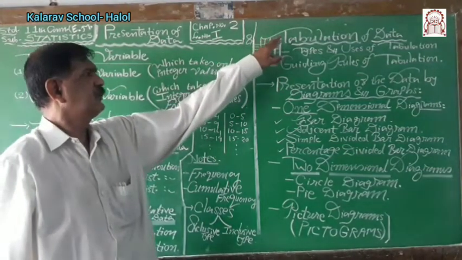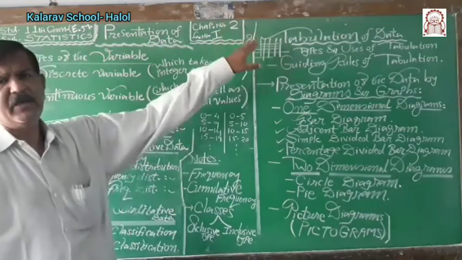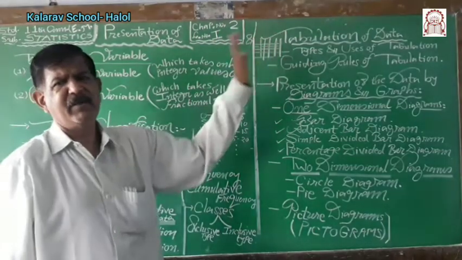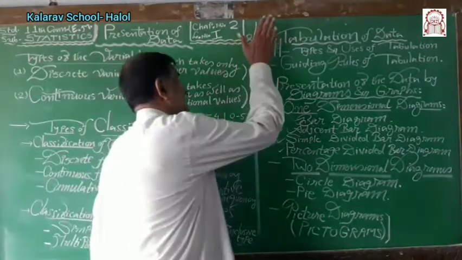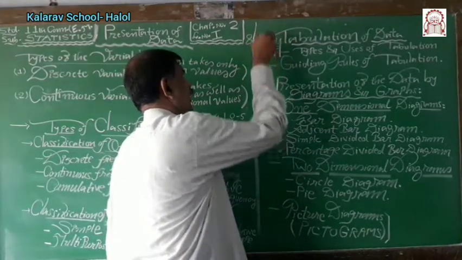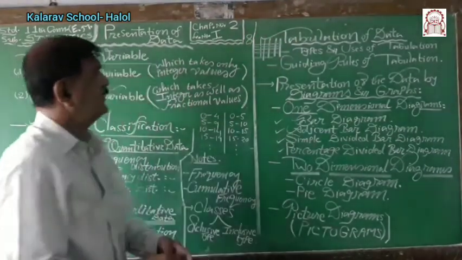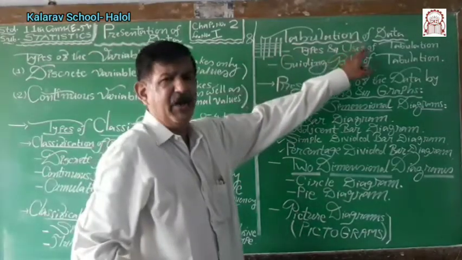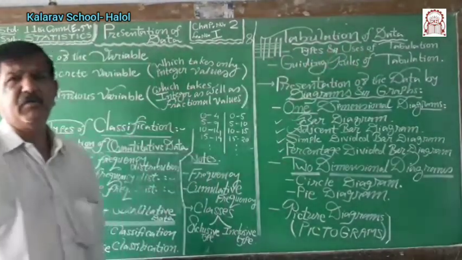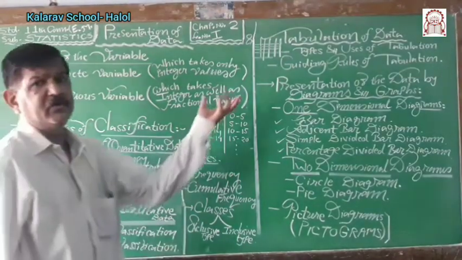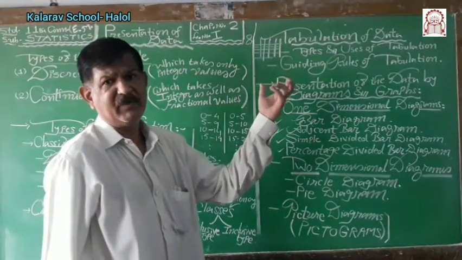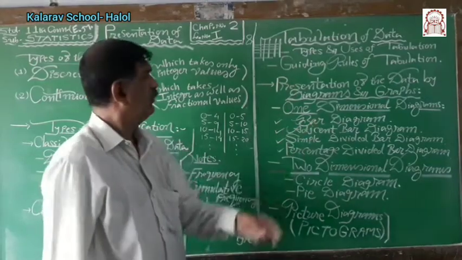Boys group, girls group, married, unmarried people, whatever the classification is, the data must be presented in this table. Row-wise total, column-wise total. With the help of a table, one can easily understand the data or take out whatever information is required.